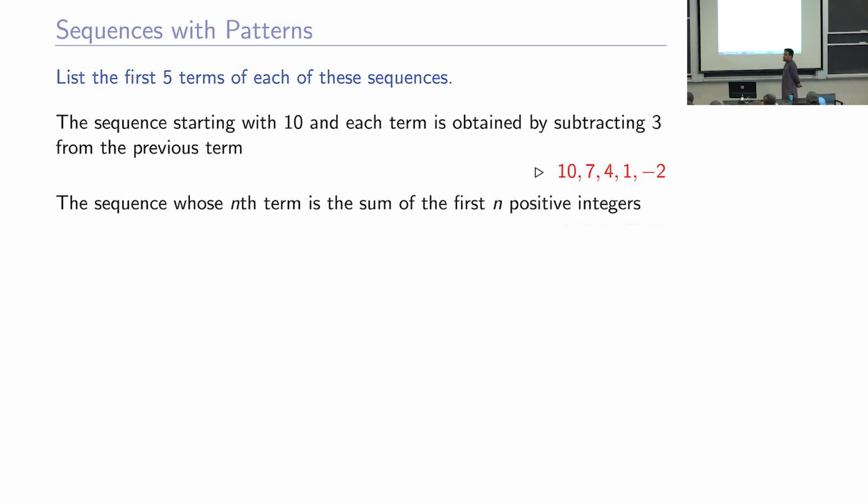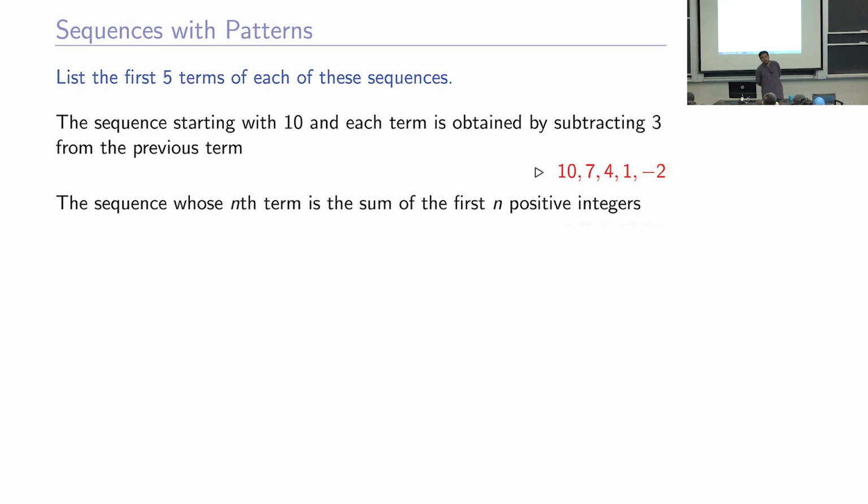Okay. So the sequence whose nth term is the sum of the first n positive integers. What is the first term? Why 1? Because the sum of the first one positive integer is 1, right? What should be the second term? 3.